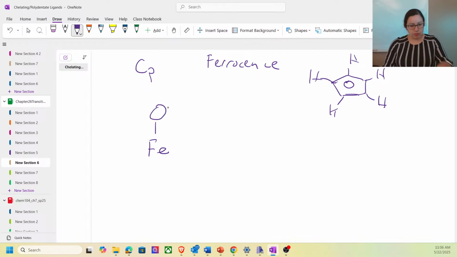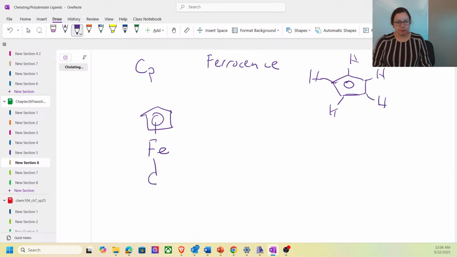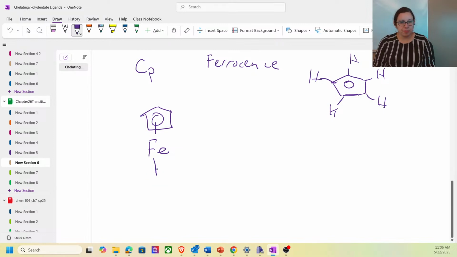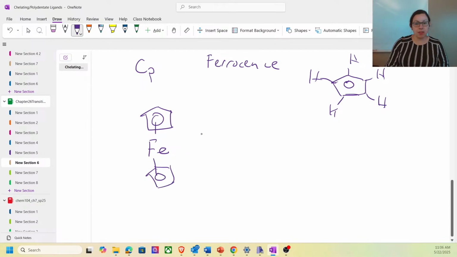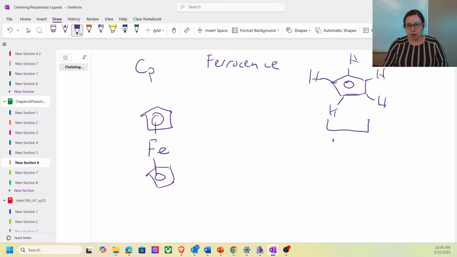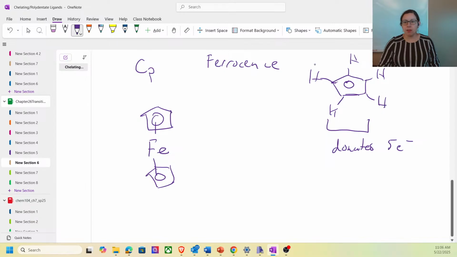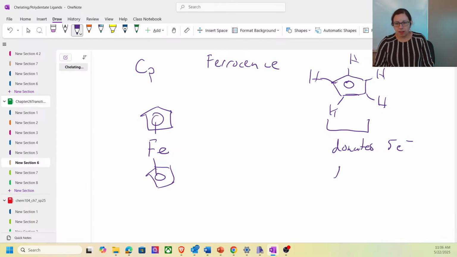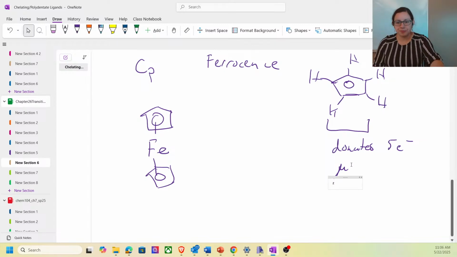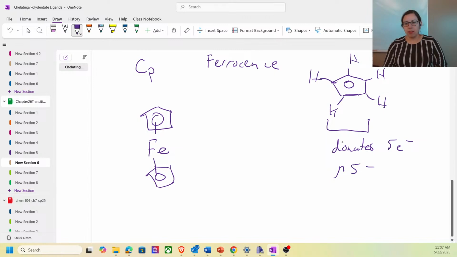And so ferrocene is this complex, if I could draw it, like so. Ferrocene is interesting in that this Cp ligand donates 5 electrons, and it's bound η5, meaning it's attached at 5 points.